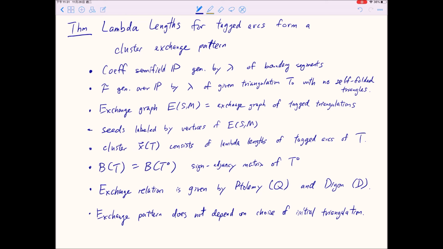We discussed the Teichmüller theory associated to a surface, and it turns out that there is a natural generalization where instead of PSL2R, the Möbius transforms, we replace PSL2R by an arbitrary split semi-simple algebraic group, and this leads to the notion of Fock-Goncharov's higher Teichmüller theory, and also the notion of what's called the cluster A and cluster X variety.